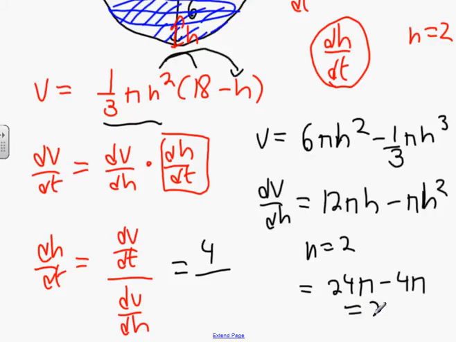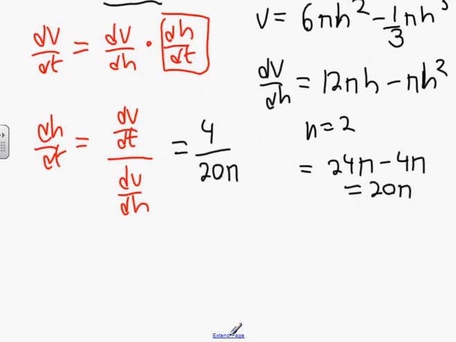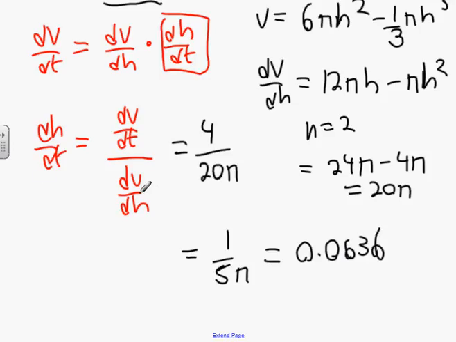That equals 20 pi. 4 over 20 pi? 1 over 5 pi, which is equal to, anybody? 0.0636. What's the measurement? Height and time? Centimeters per second. Okay.